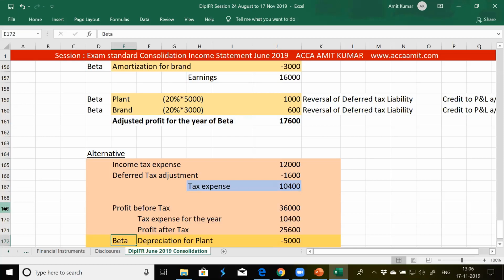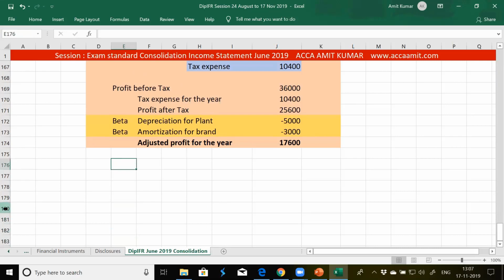So when I know that the profit of beta is 17,600, how much belongs to parent and how much belongs to NCI? 25% of 17,600 belongs to NCI, and 75% of 17,600 belongs to the parent, though we don't need this information.